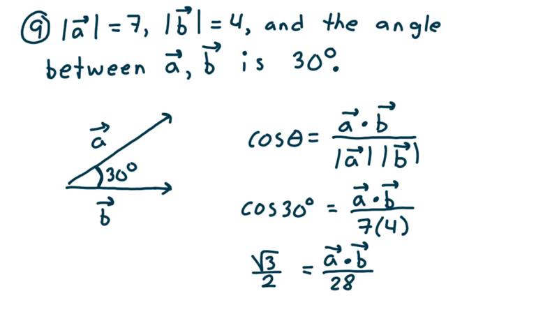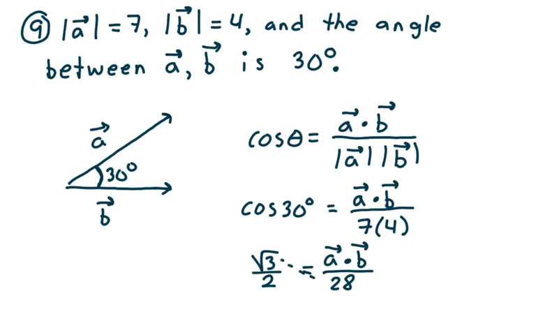Now, what we can do is cross multiply. So I'm going to take 2 times the dot product of A and B, right? So I'm multiplying these guys together and these guys together, and then setting them equal.